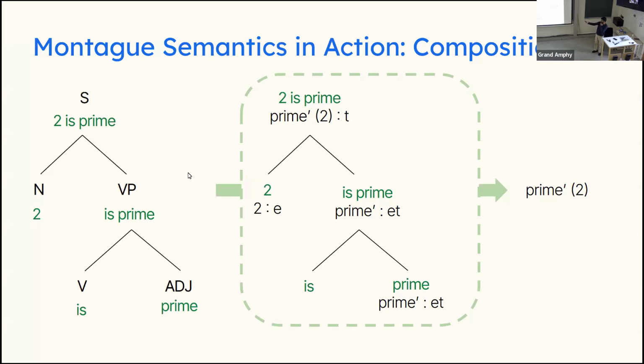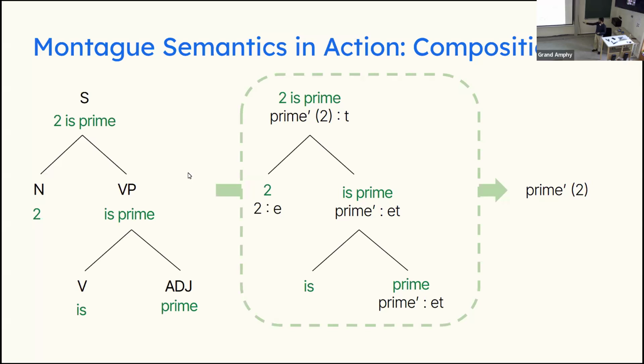We can assign the noun phrase 2 the meaning of the integer 2, and to the adjective prime we can assign the function prime', which takes an entity and maps it to true if it is a prime number, and false otherwise. And then these meanings can combine with each other to produce the meaning of the whole sentence.